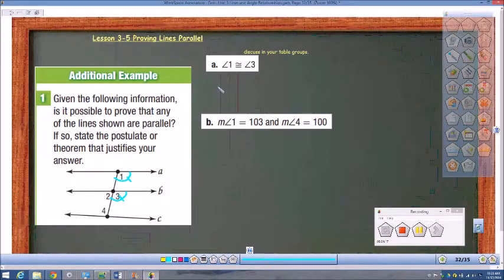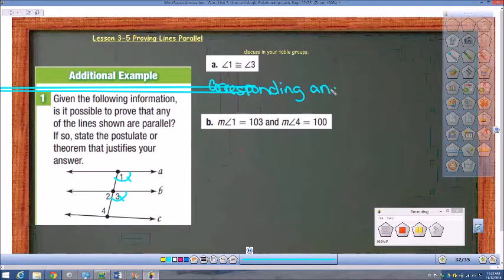The postulate here is the corresponding angle converse, because it tells us that they're equal. So we are proving that line A is parallel to line B. They have to be if these two are corresponding and congruent, which it tells us they are.